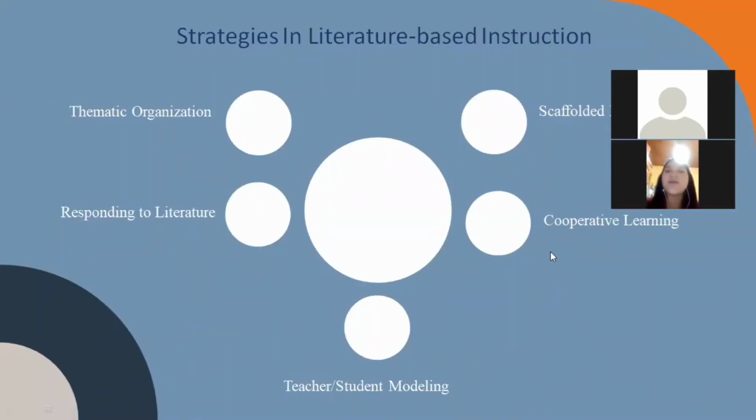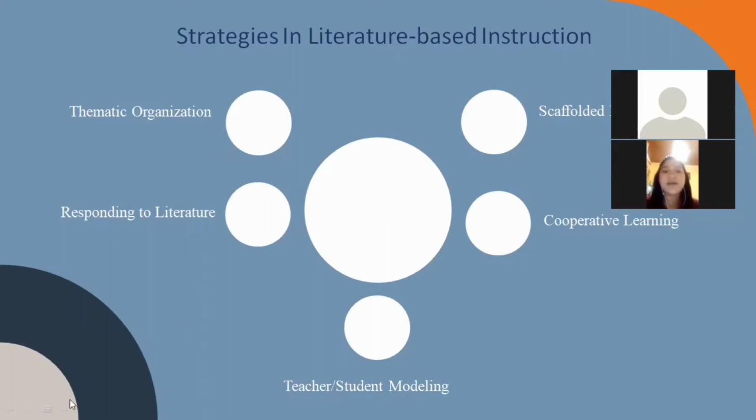Okay, now we're going to talk about the strategies in literature-based instruction. The first one is thematic organization. Units of thematic organization are based on a learning experience, specifically for the students, from idea, author, topics, and genre.